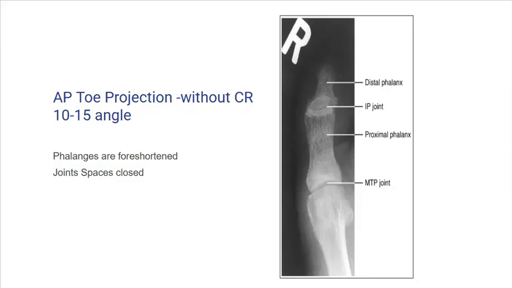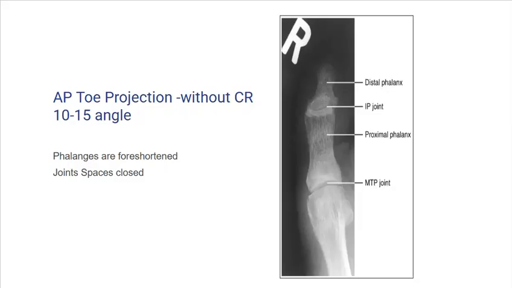I have included a projection of an AP toe image. It is dependent on your hospital's protocol whether or not you will be angling for the AP projection. So make sure you are checking your hospital's protocol to ensure you are obtaining the appropriate toe projection.